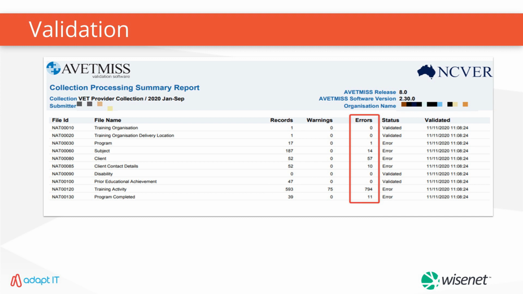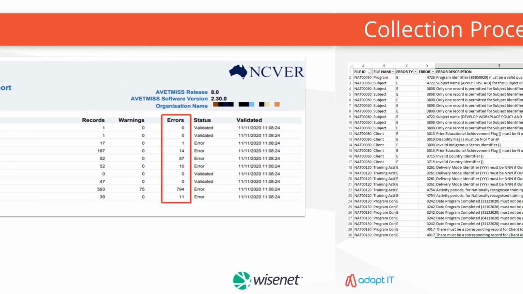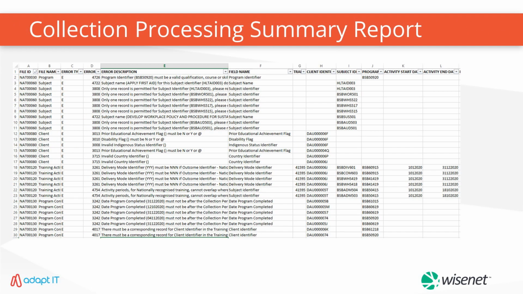Validation of your data files occurs in 2 stages. Basic validation checks your AVETMISS files for correct file formatting, followed by full validation checks against the rules outlined in the relevant AVETMISS standard. You will then receive the collection processing summary report with your errors and warnings. Errors must be corrected within WiseNet, then the NAT files need to be exported again and re-uploaded until they pass validation error-free.